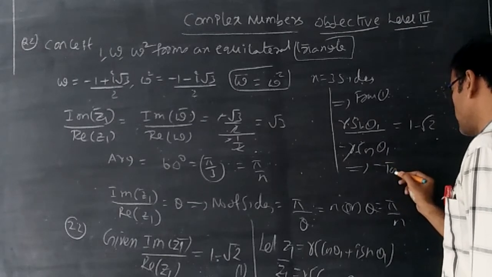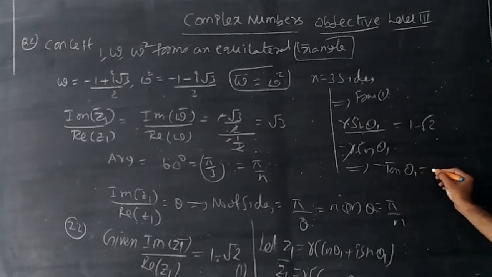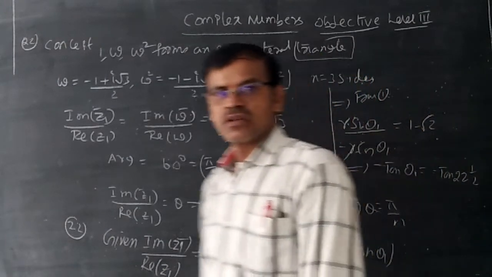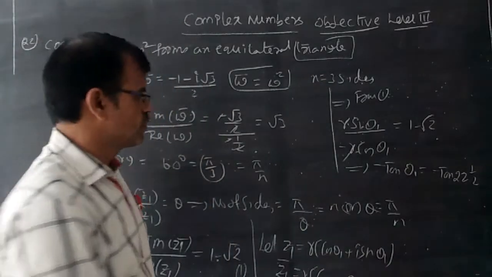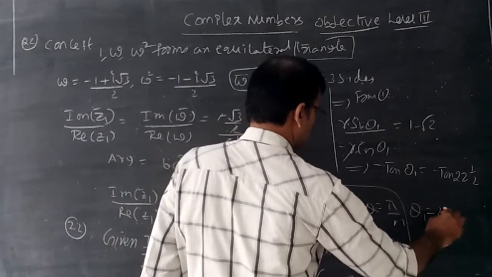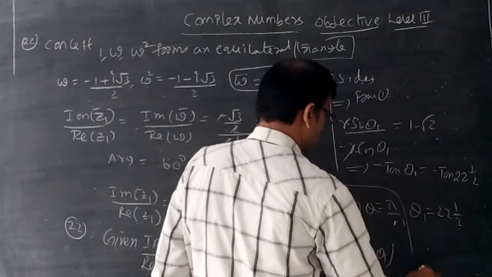Now you can write minus tan theta 1 is equal to minus tan 22.5 degrees. Students, root 2 minus 1 is the value of tan 22.5. So theta 1 is equal to 22.5 degrees.